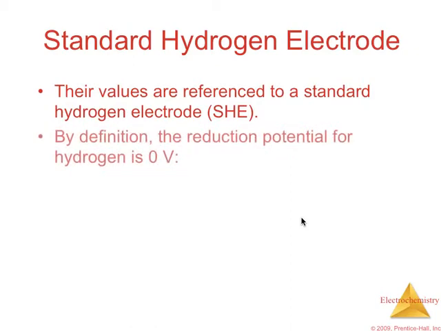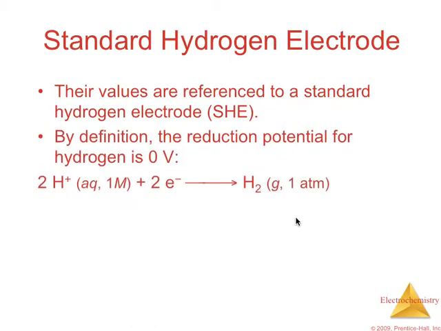So those values are referenced to a standard hydrogen electrode, also known as a SHE. By definition, the reduction potential for hydrogen is 0 volts, and this is taken at standard conditions being for any solutions at 1 molar, any gases at 1 atmosphere.